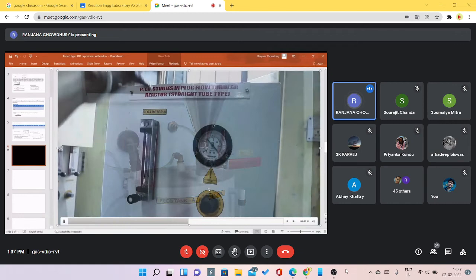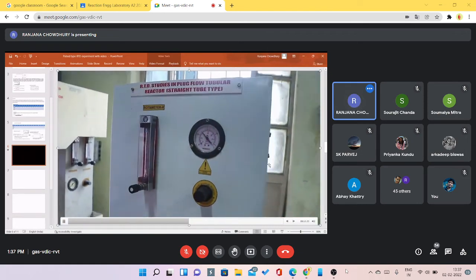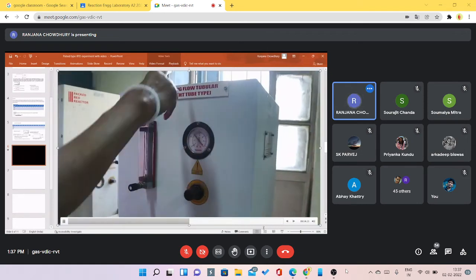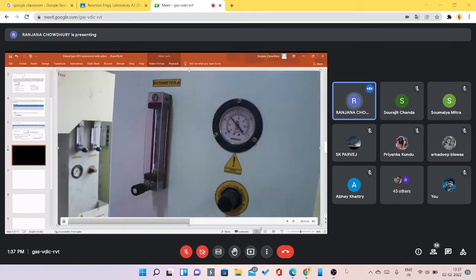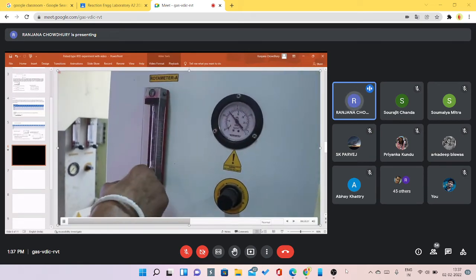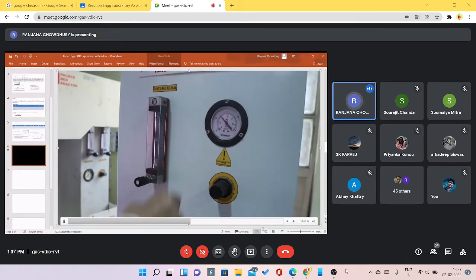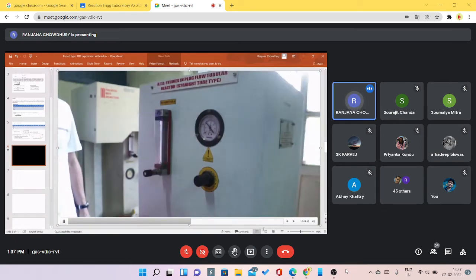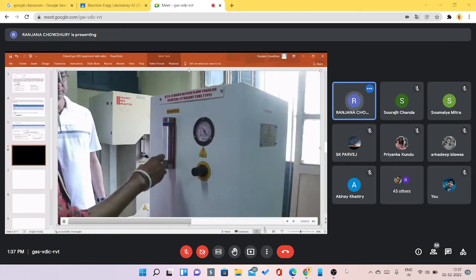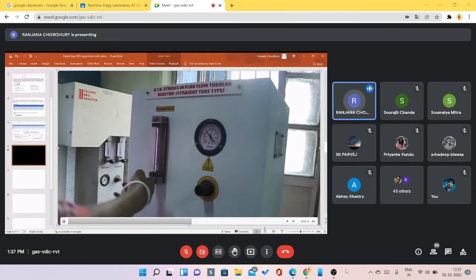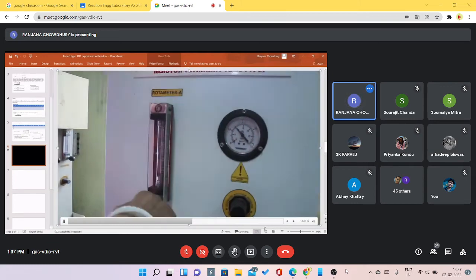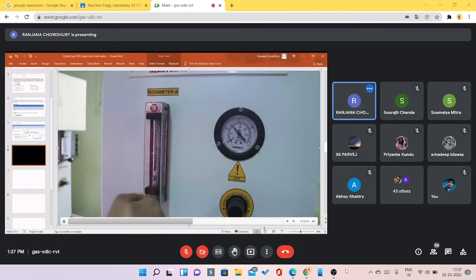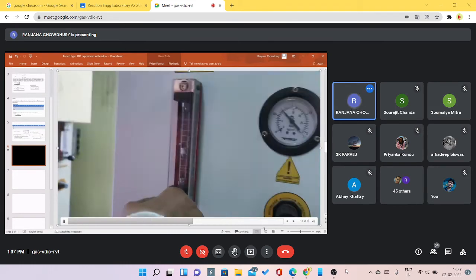The tank is filled with water, and now this fluid will be flown by the use of compressed air. This tank is attached with the compressor line, and you can see the rotameter over here. We can set the flow.